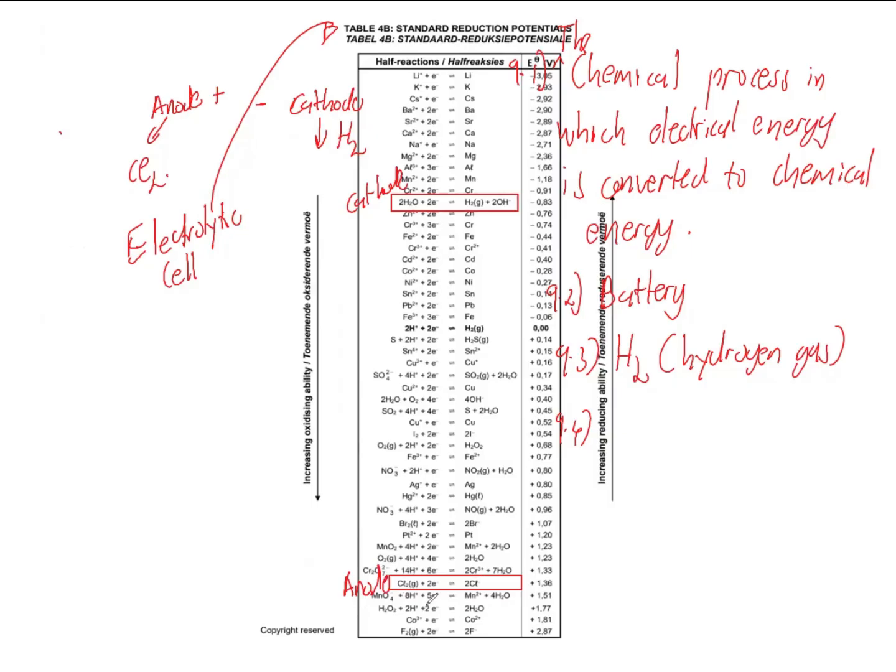The one we are supposed to write is this. But remember, oxidation is always written from the right going to the left. So we're going to write it as 2Cl minus to give us Cl2 plus 2e minus. That's the oxidation half reaction that occurs in the anode.